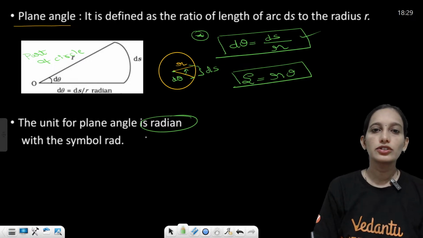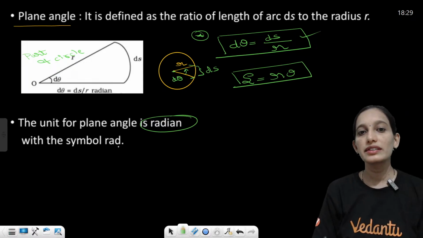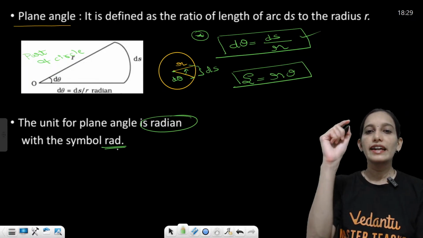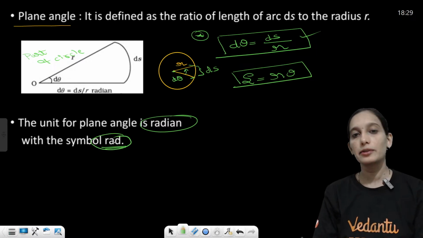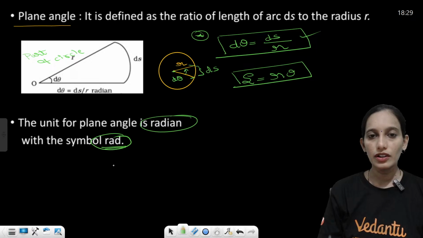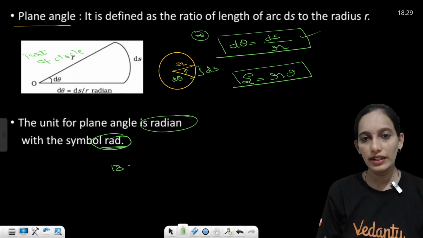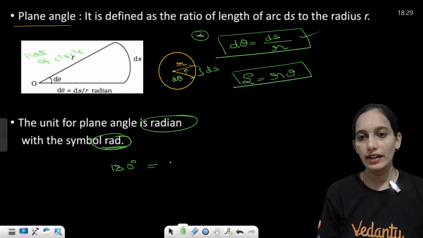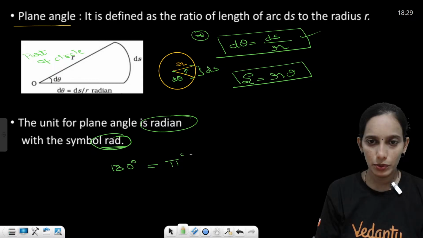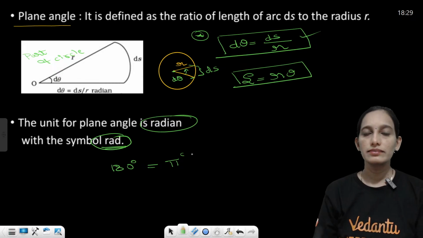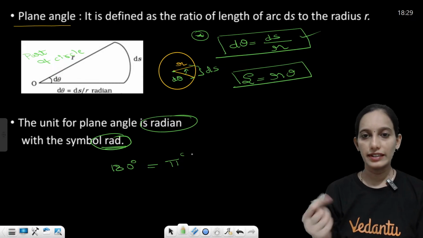Okay, so the unit is radian with the symbol rad. How should we write the symbol? rad, R-A-D. Always remember one thing, the conversion from degrees to radians: 180 degrees corresponds to pi radians. Sometimes we put a superscript c, which also tells you it's a radian.